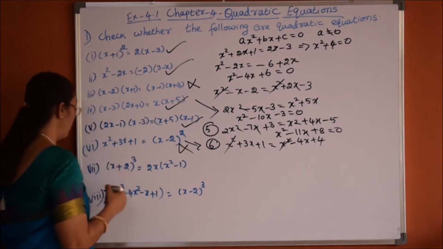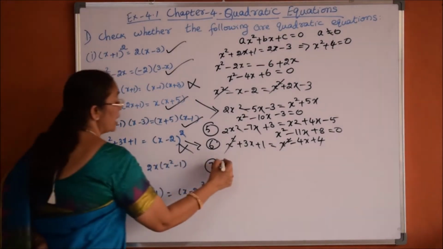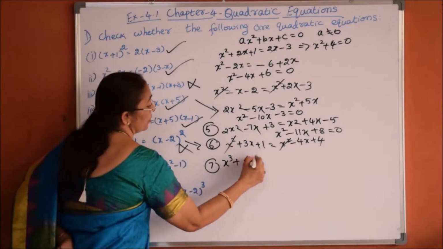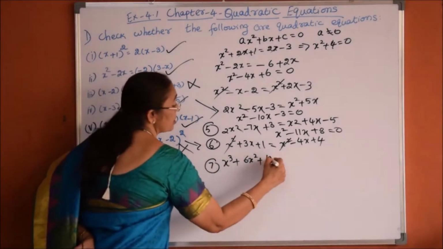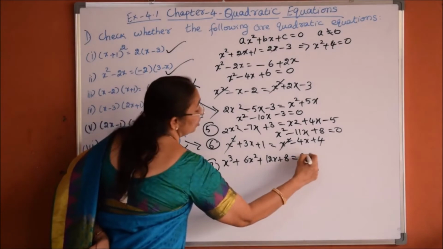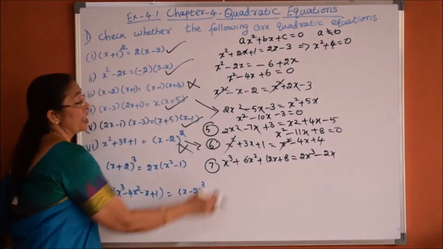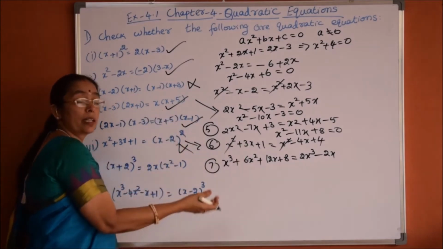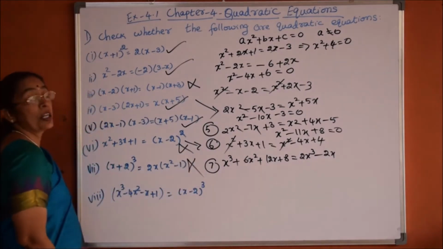Seventh one: for the left hand side we will have (x plus 2) whole cube, using the (a plus b) whole cube formula, a³ plus 3a²b, 3x² into 2, 6x², plus 3ab², 3x into 4, 12x, plus b³, 8, is equal to 2x into x², 2x³, 2x into minus 1, minus 2x. On simplification, when we bring this 2x³ to this side, we will have x³ minus 2x³, which is minus x³. So, the degree of this equation is 3.